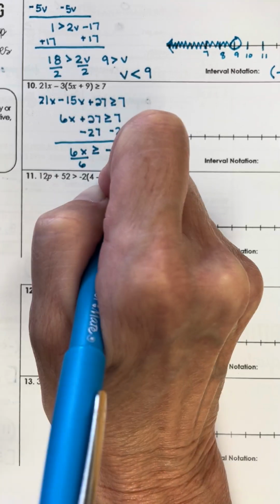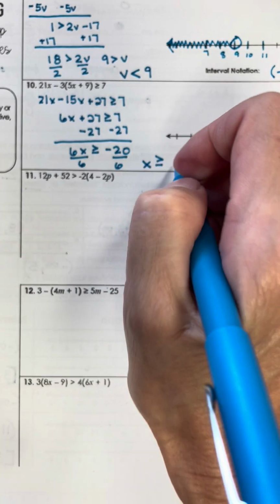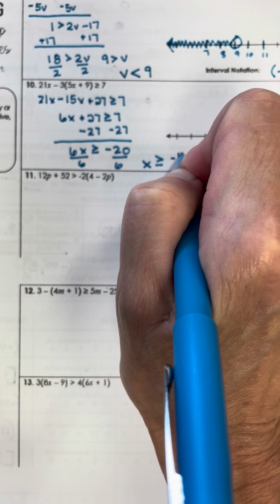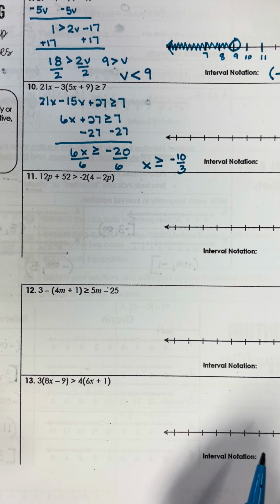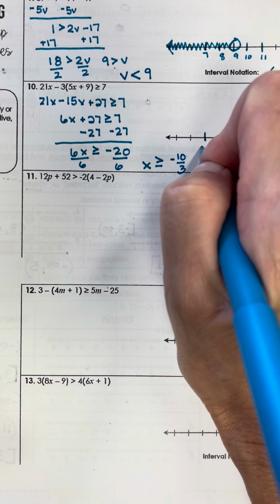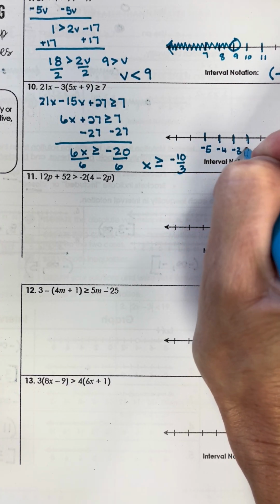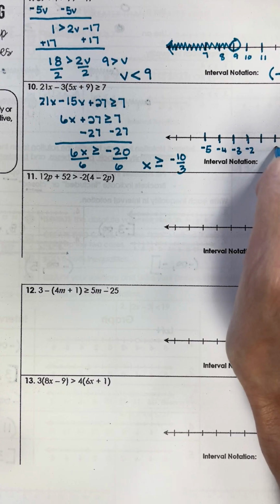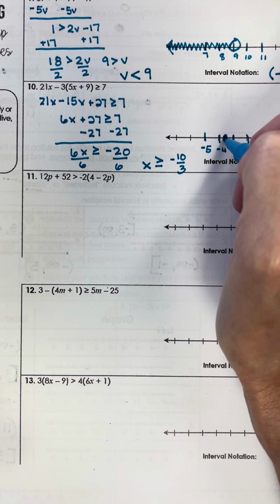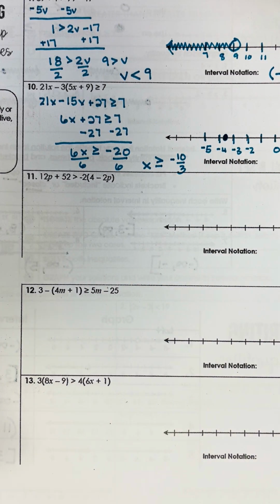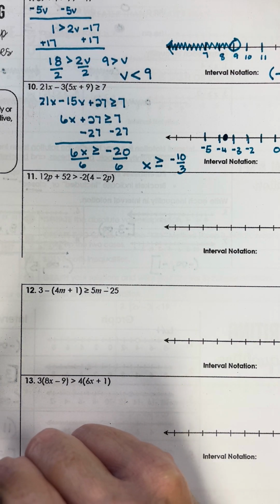When I divide by 6 and divide by 6 and reduce my answer, x is greater than or equal to negative 10 thirds. So negative 10 thirds is between negative 4 and negative 3. So if I labeled my number line negative 5, negative 4, negative 3, negative 2, negative 1, and 0, negative 10 thirds would be closer to negative 3 than negative 4.